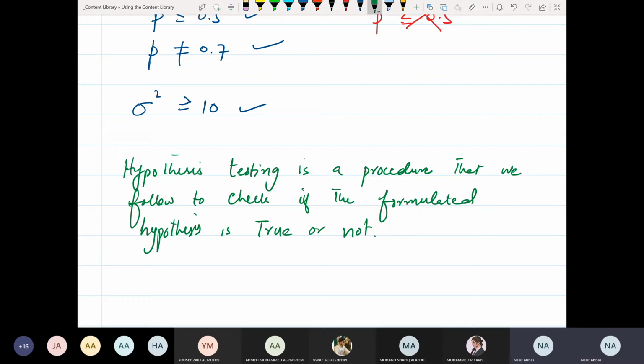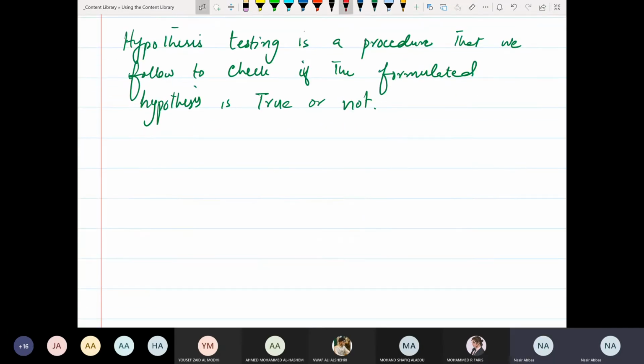Once a set of hypotheses is formulated regarding any parameter where you are interested, for example, the question is about the average, so your interest is mu. If the question is about proportion, your interest is p. So the first thing you will do is you will formulate the hypothesis, then you will follow a number of steps to check if your formulated hypothesis is true or not. And finally, based on your decision, you will make conclusions whether your hypothesis was true or not.